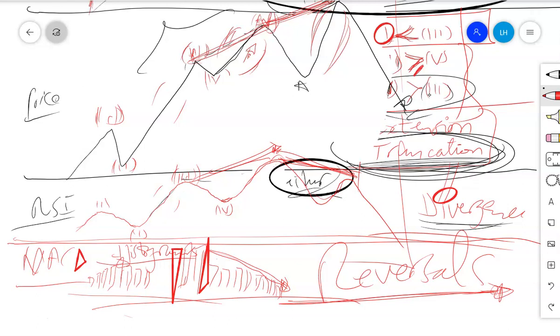Please make a back test in a real market, and you'll see this always applies. You'll use MACD and RSI.